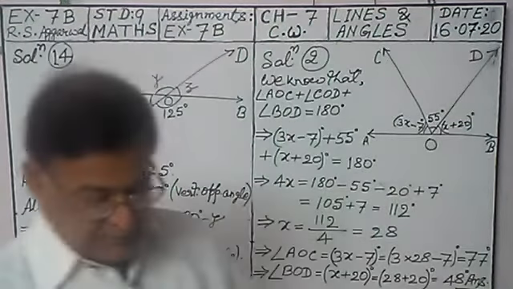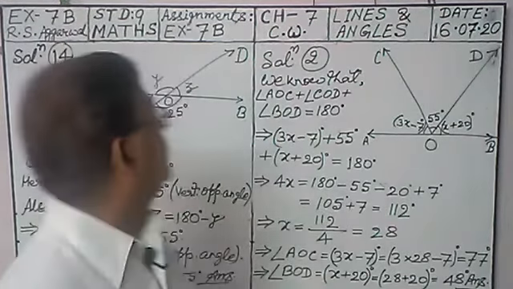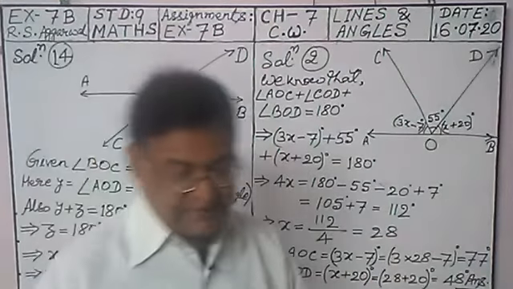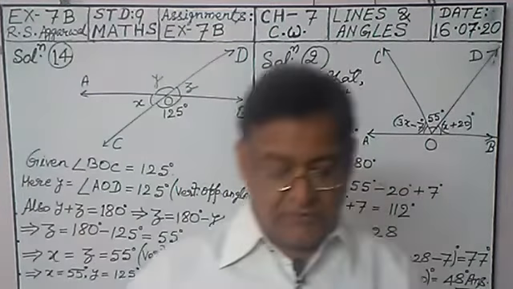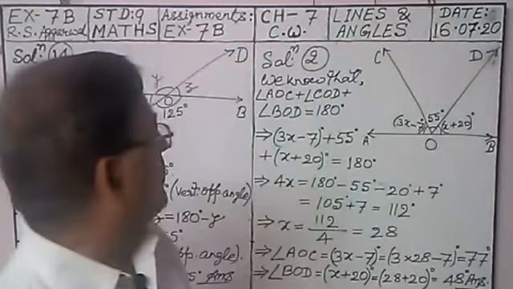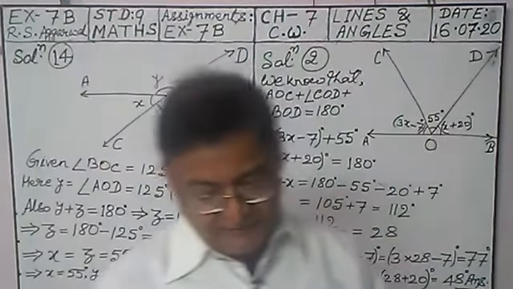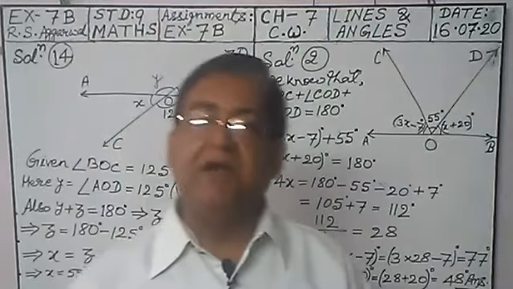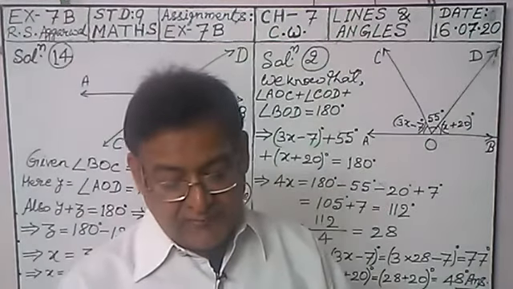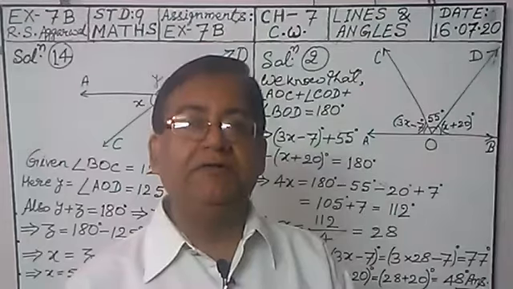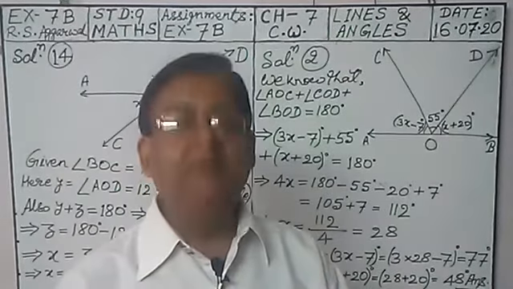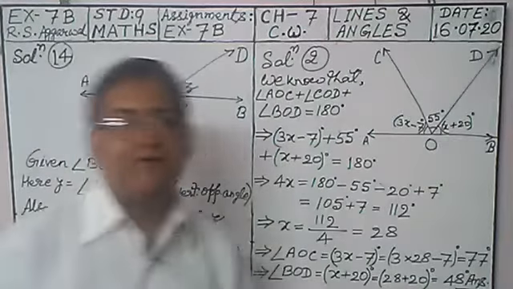See the figure, AOB is a straight line, as given in the diagram. Find the value of x. After finding the value of x, you also have to find angle AOC and angle BOD. This is all about the question.